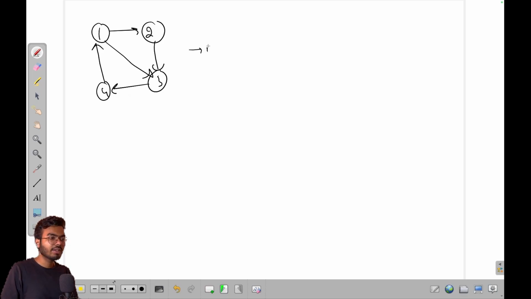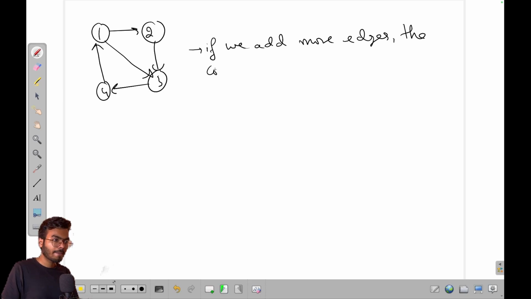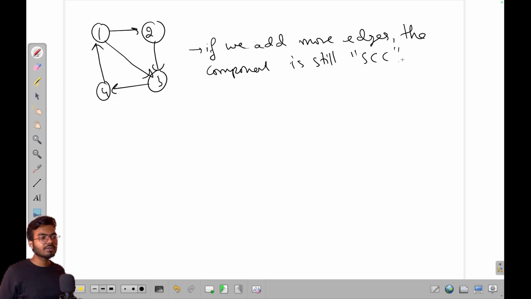So if we add more edges, the component is still a strongly connected component. We can add more edges and we don't have to worry about it.